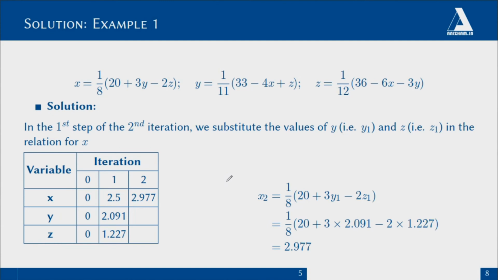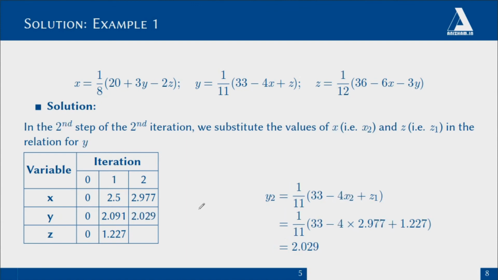In the second iteration, during the first step, we calculate the value of x2. That is, we replace the value of y with y1 and z with z1, and we obtain the value of x2 as 2.977. And in the second step of the second iteration, we find out the value of y2 by substituting the value of x as x2 and z as z1 itself.